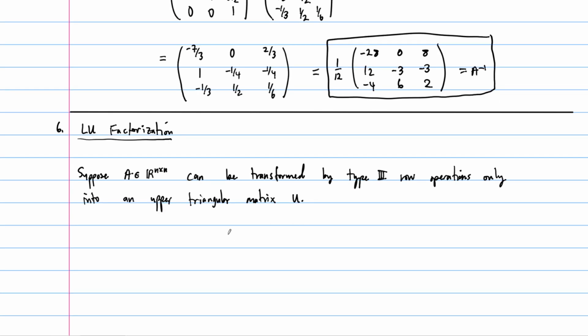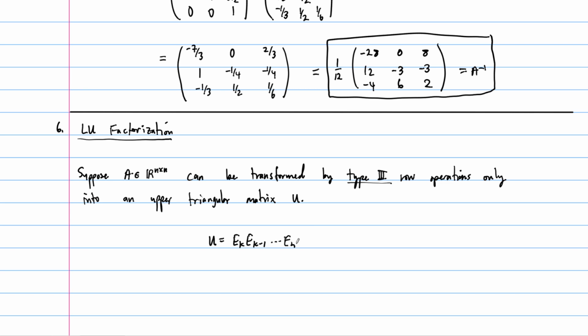Okay, so in other words, A can be transformed into U, so by that I mean it's row equivalent to U. So our U can be determined by doing row operations of type 3 only. We've restricted to type 3. We'll do an example here.